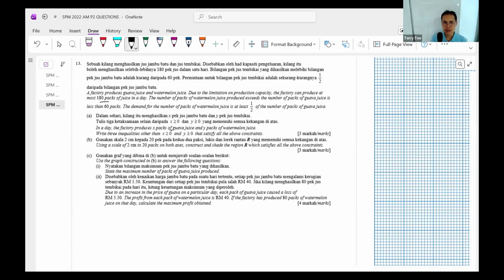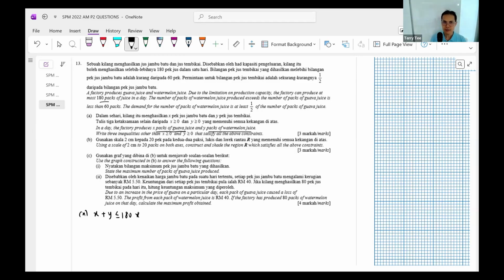You produce X packs of guava juice, Y packs of watermelon juice. So the first inequality, at most 180 packs, means guava plus watermelon less than or equal to 180. At most means maximum. So the first inequality is X plus Y less than or equal to 180.